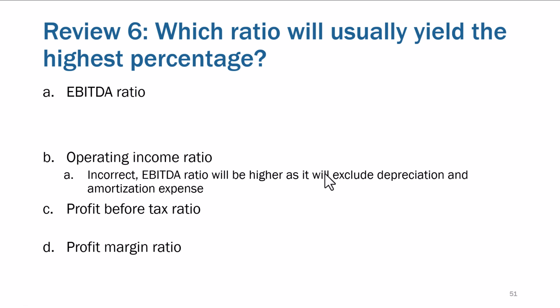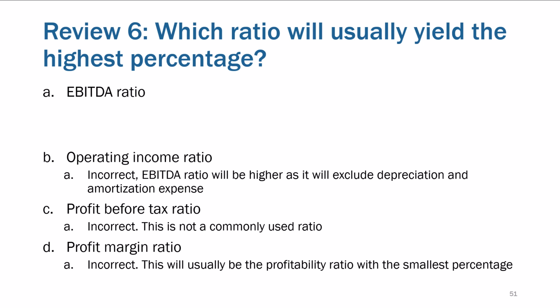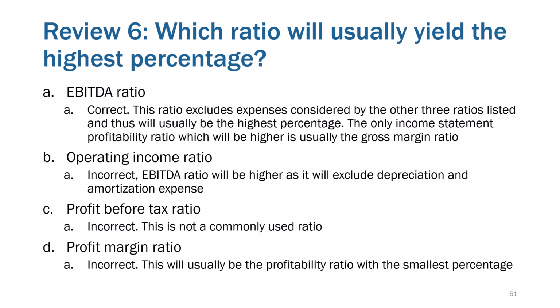EBITDA will be higher because it'll exclude those. Profit before tax is going to be pretty low. It's not a commonly used ratio. The profit margin, we didn't really get into that one, but that's net income divided by sales. It's probably going to have the smallest percentage. So of the 4 listed, the EBITDA ratio is the one that's going to be the highest. It's going to exclude depreciation and amortization expense. The only ratio that's usually higher is the gross margin ratio, because that will exclude other operating expenses.